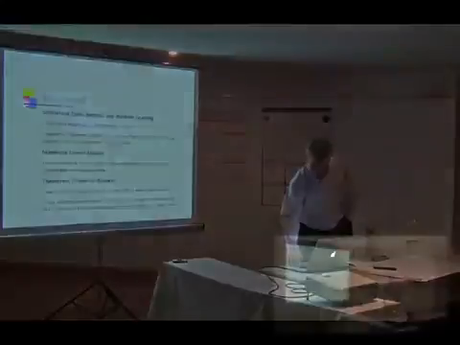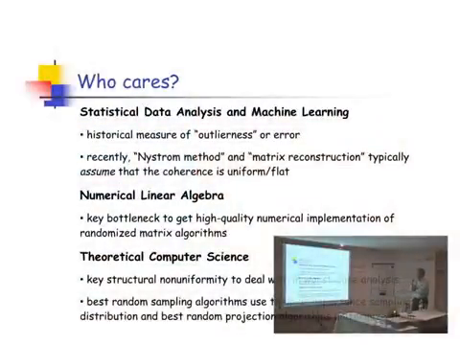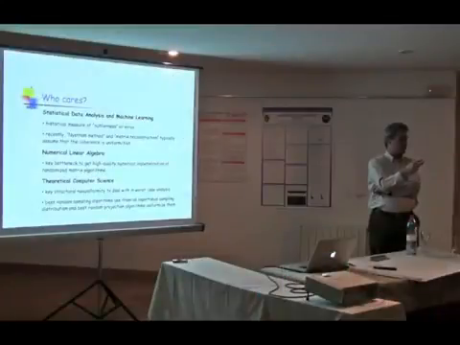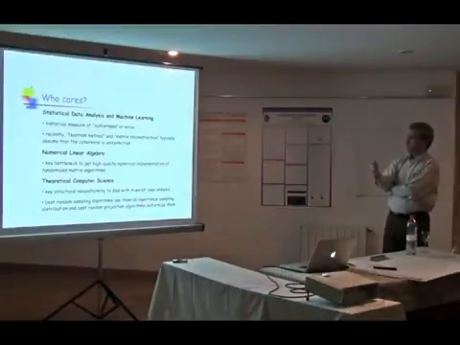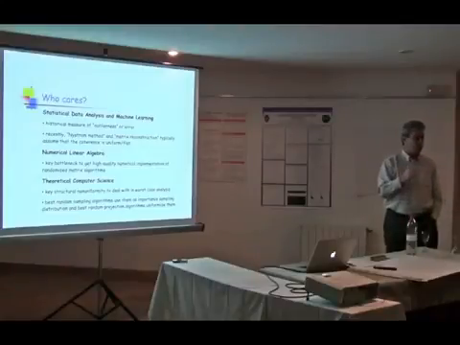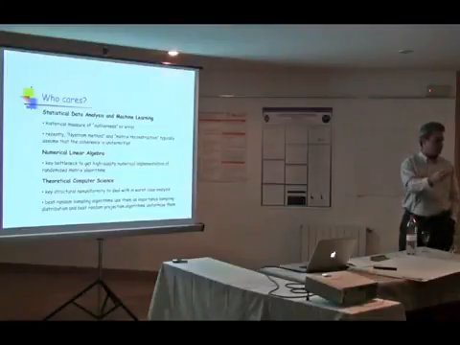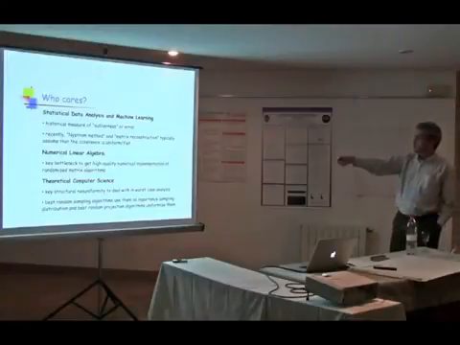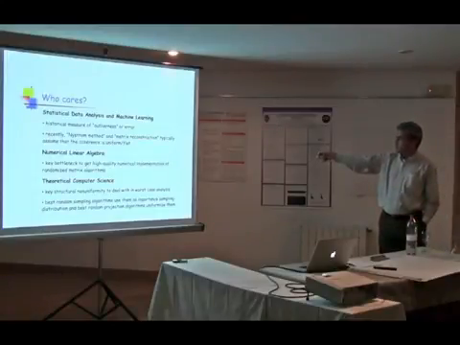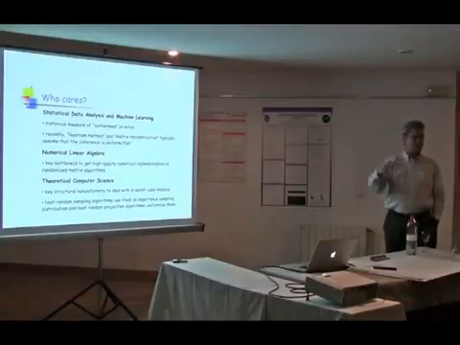Now, it's always good to ask who cares. Given the slide, you may or may not know that you probably do care, actually. This is probably something that touches what you do. In statistical data analysis and machine learning, these are the diagonal elements of the so-called hat matrix, used in regression diagnostics for measuring how much a data point is an outlier. Did you kick the machine when the data was generated and just have a total outlier or not? Recently, the Nystrom method, matrix reconstruction, a whole slew of these things typically assume that these scores are flat.